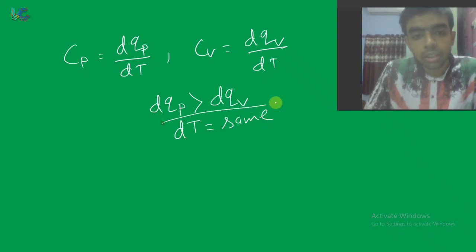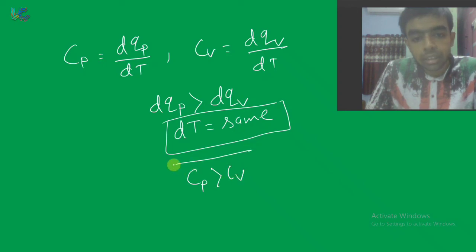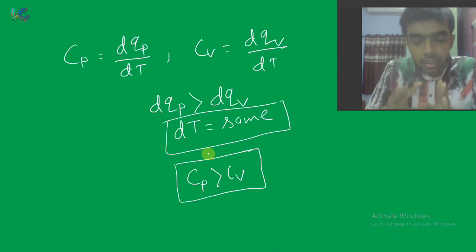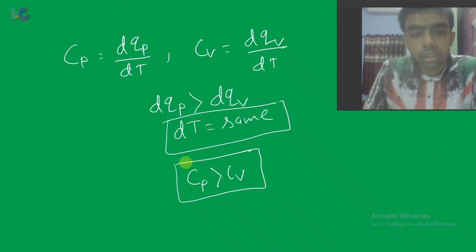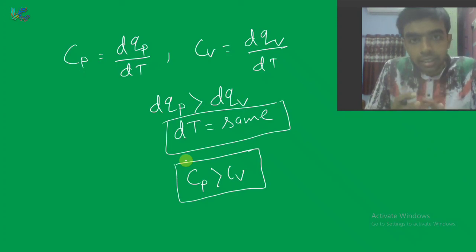Okay, so dt is the same, and dq at constant P is greater than dq at constant V. So from here we can conclude that Cp is greater than Cv. That means the heat capacity at constant pressure is always greater than the heat capacity at constant volume.